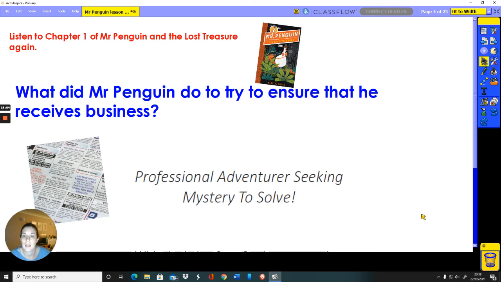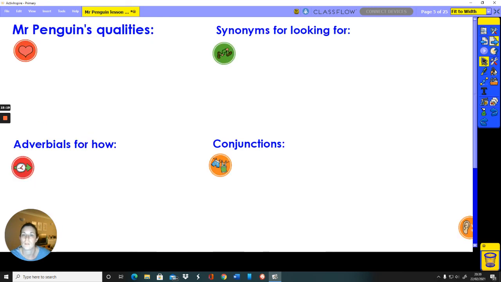So for today, what we're going to do is collect the vocabulary to write an advertisement, as if we are Mr. Penguin and we are looking for our mystery to solve. The first thing we're going to collect, those 4 boxes that you've got, are Mr. Penguin's qualities. What makes him a good adventurer?